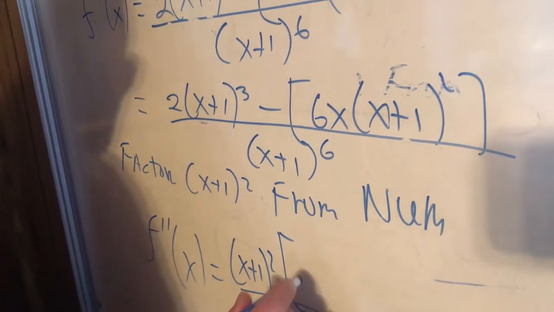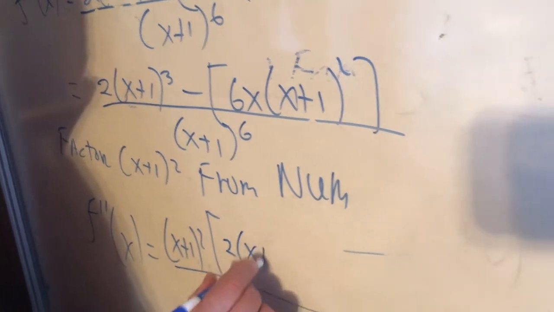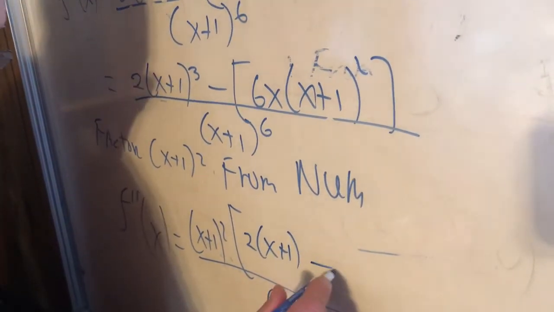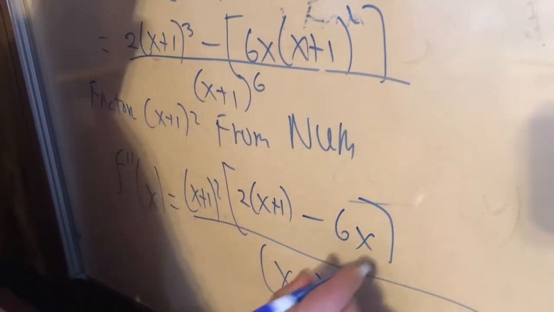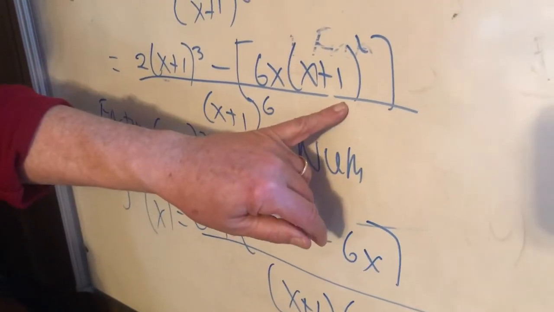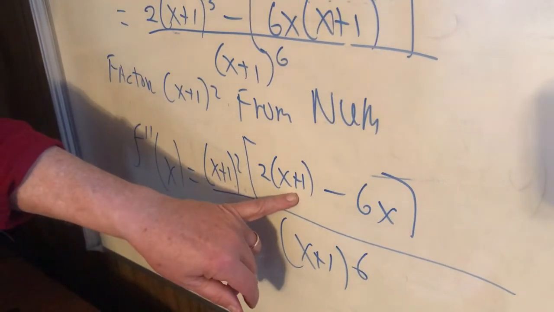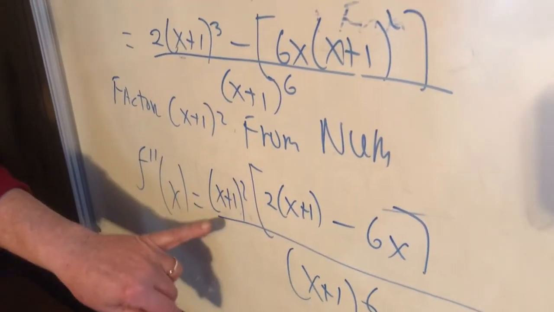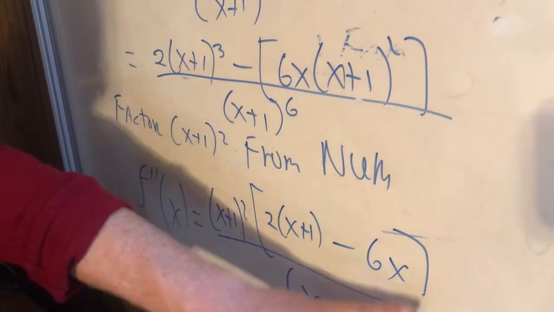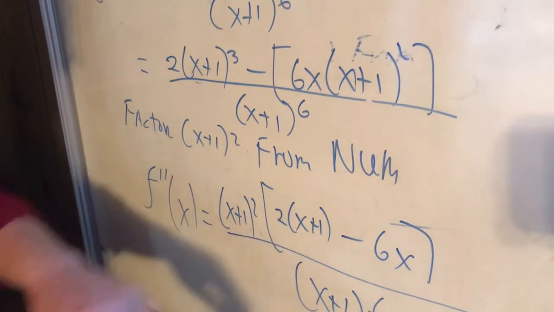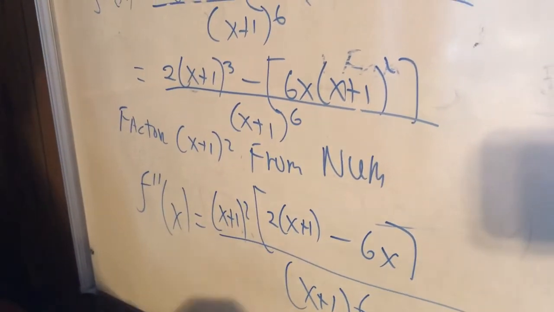That gives me 2 (x plus 1) to the 1 power minus 6x. Why? Because I factored it out from there. Factoring out from here, if I multiply this times this, I get (x plus 1) to the third back. If I multiply this times this, I get my (x plus 1) squared back. So now I can distribute this now because this is to the 1 power.